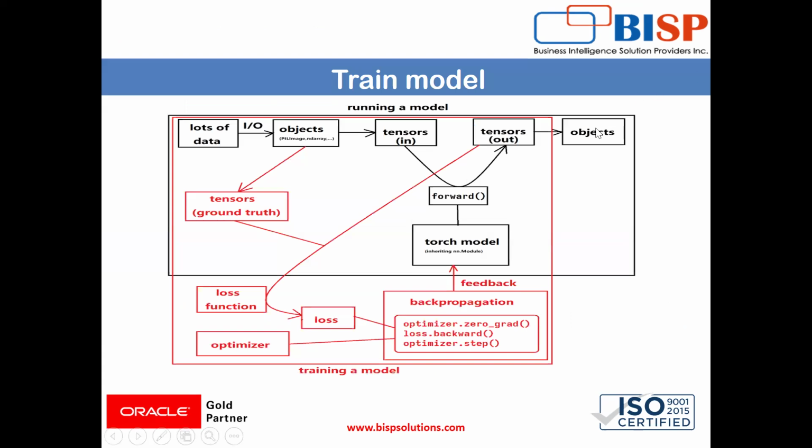Now see here, train model. What exactly is the train model? You can see here black and red color. The part written in black is the fixed model, and the red model iterates again and again. So there are tensors for ground truth and tensors out, whatever tensors are created, and then a loss function, which we have seen in our previous videos, is also calculated.